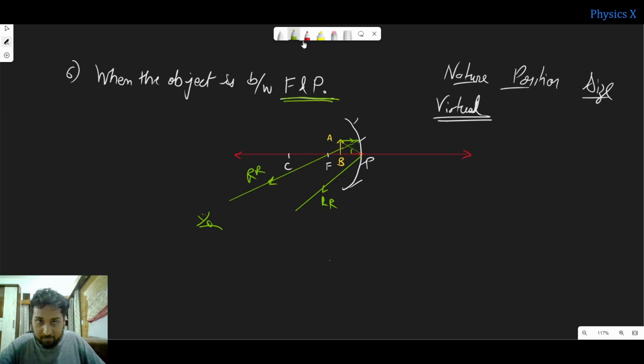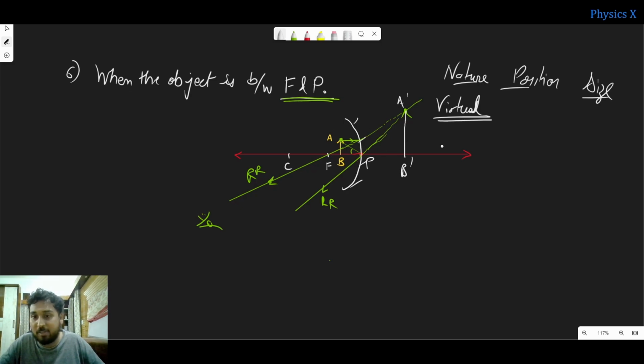Now if I backtrace these rays, you can analyze it. Suppose I am backtracing these rays like this, they will be meeting at this point. Obviously I took the top point and drew the incident rays from there. So this is the top point of the object, and this is the top point of the image. This will be your image. You can see the image is upright like the object.